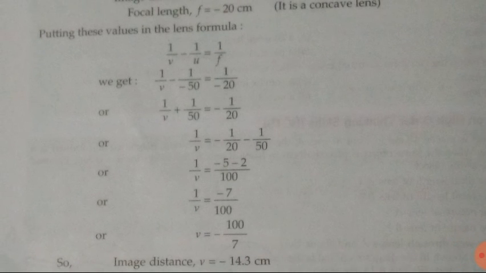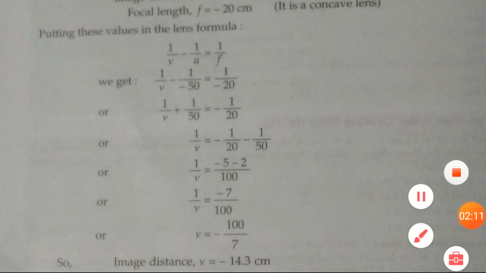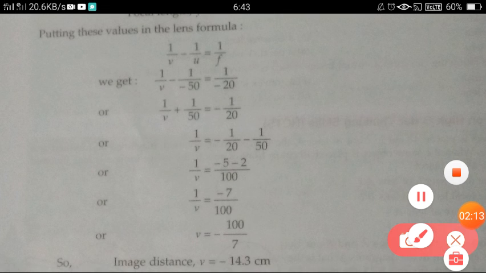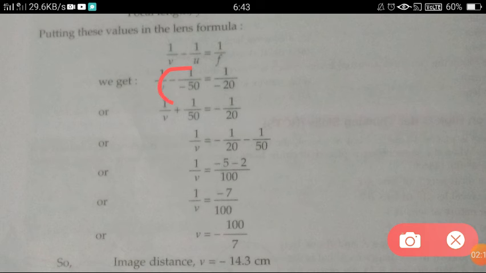By putting it here, we will do some mathematical calculation. The basic mathematics you are doing in your maths, that only we are doing here. So here a minus and minus becomes plus. When this plus 1 upon 50 is transposed to this side, it becomes minus 1 upon 50.